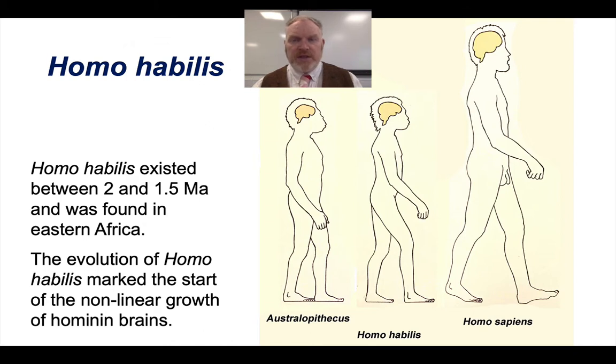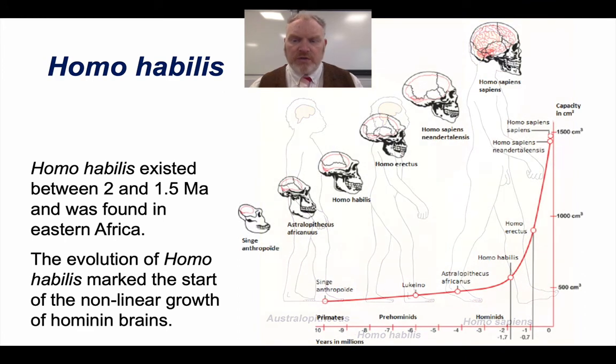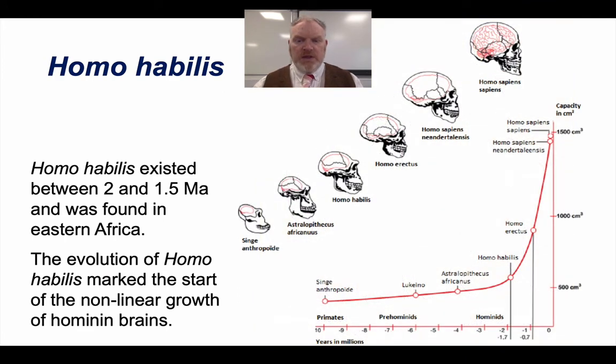But if you look at this fairly simple diagram, we can see that the brain is perhaps growing. We're going to come back to this idea of brain growth a bit later on in the course. If we look at this on a graph, we can see that over time, the brains of hominid fossils have been growing in size, growing in volume.